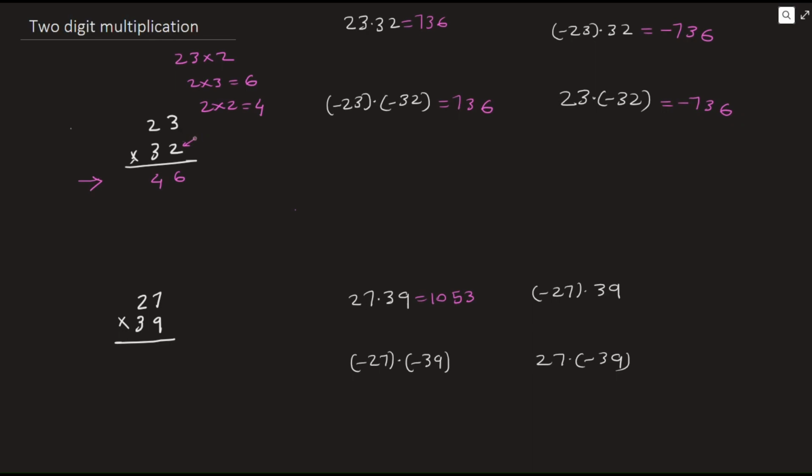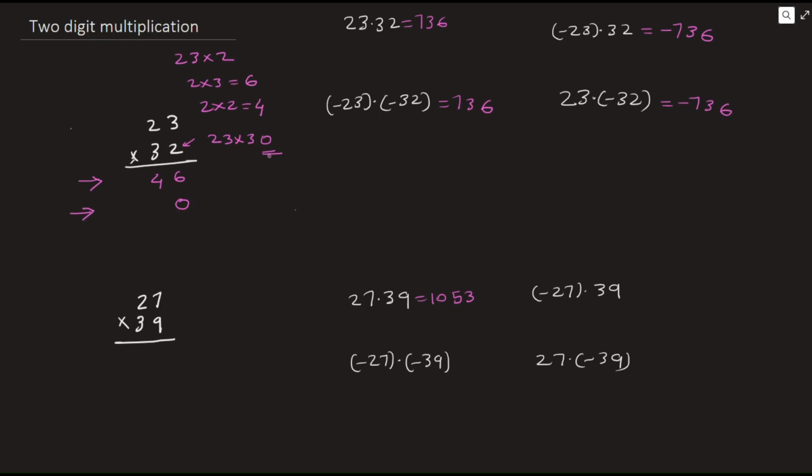The second partial product, I multiply 23 with 3. But 3 is at the tens place. So in effect, I'm not multiplying 23 with 3, but 23 I'm multiplying with 30. So to account for this 0, I write 0 as a placeholder in the second line, where I'm going to write the second partial product.